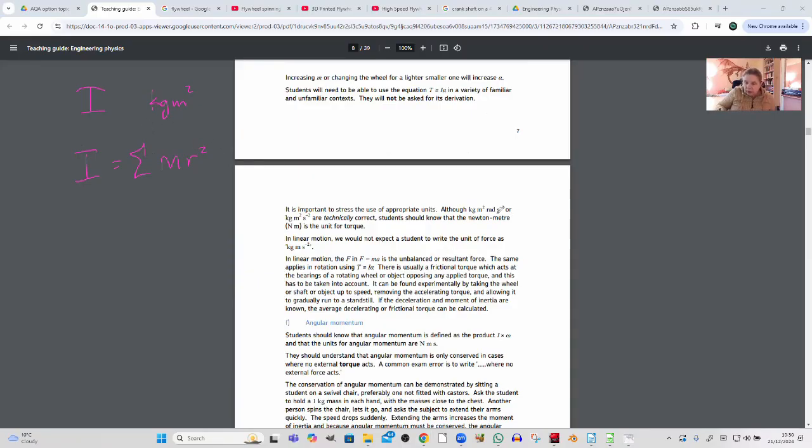Okay, because the torque is I times alpha, and the unit for I is that, and the unit for alpha, remember that alpha is the angular acceleration, so it's delta omega divided by delta t.